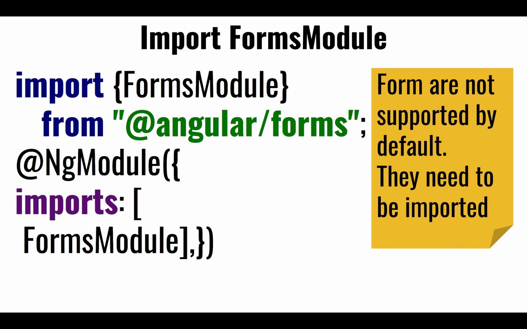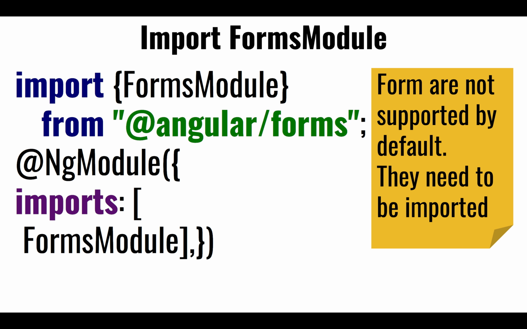app.modules file. In the app.modules file, you need to explicitly load the forms module, right? And then further down in that file, in the imports, include the forms module in that array of modules that are imported.